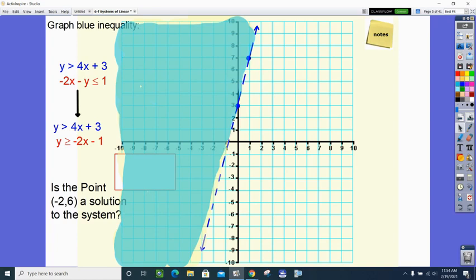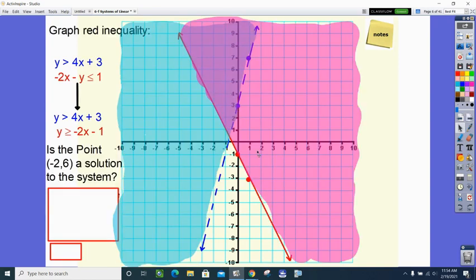As I go forward, there would be my -1 and down 2 over 1. Now, you could have left it in standard form, but you would have seen that the x-intercept was -1/2. It's a little tricky to graph. Once I've graphed that line and tested a point, I should have shaded this side.